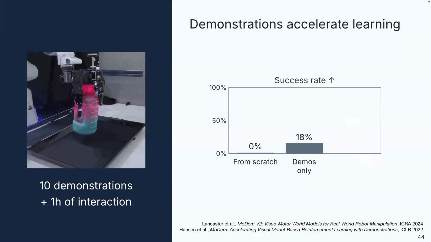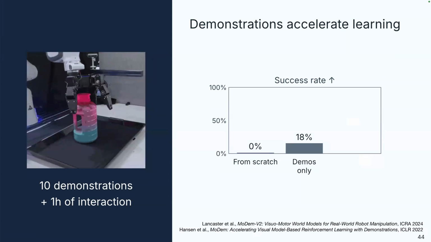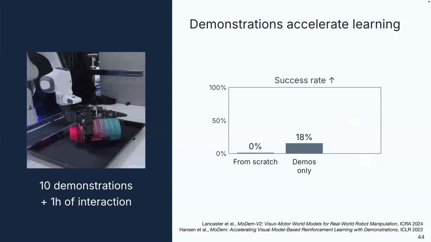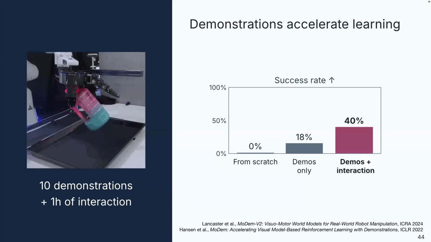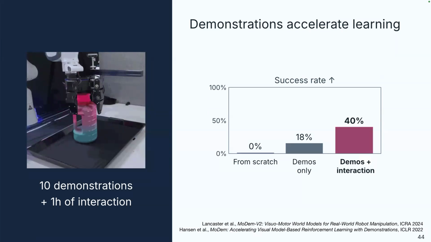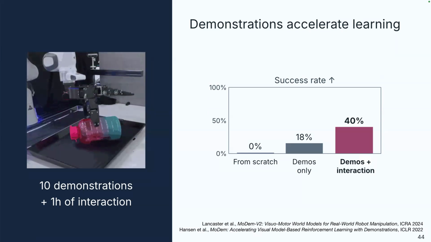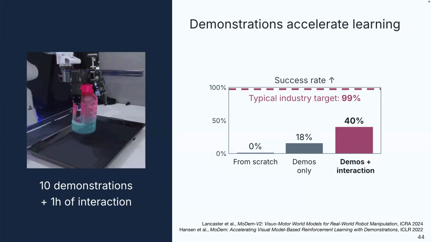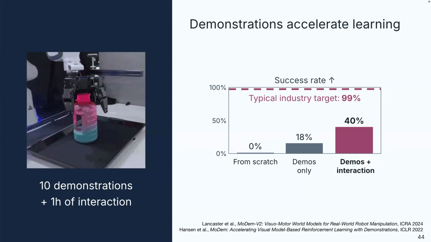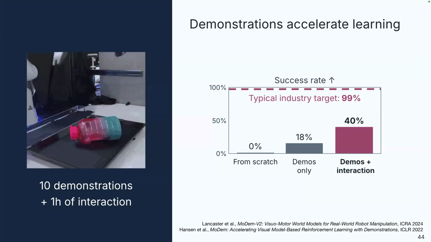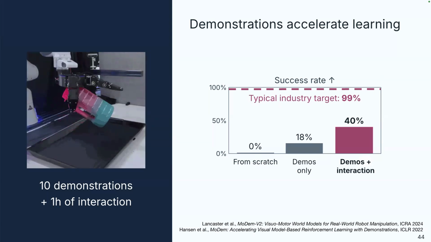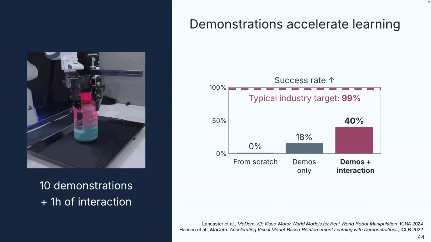This is a lot better than 0 for sure, but it's failing to generalize to new positions of the bottle and the robot that are not seen before. If you let it instead interact for 1 hour in addition to the demonstrations, we get about 40% success, which is a lot better with just 1 hour of interaction. The typical industry target, if you actually want to apply this to a real factory, is much higher than that, but this gives us a framework to learn from experience.